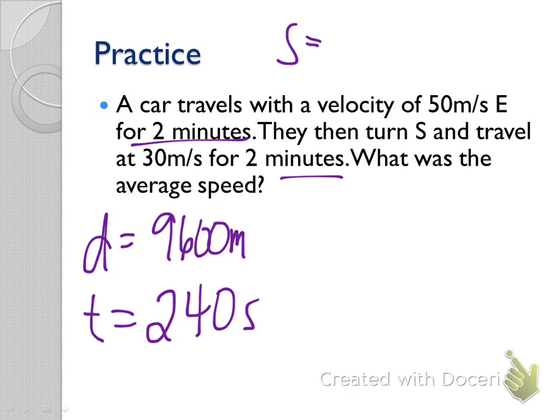Speed is equal to distance over time. Okay, it has the same equation as velocity, except you are not indicating a direction. So we need to take 9,600 meters divided by 240 seconds. 40 meters per second.